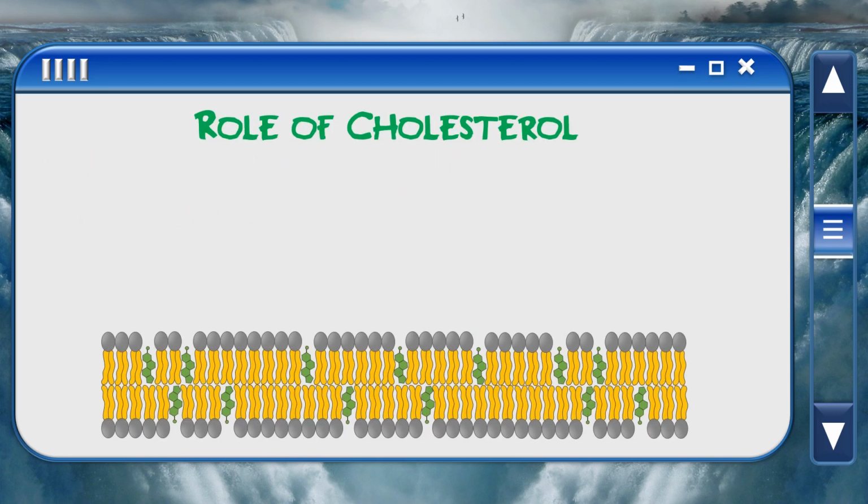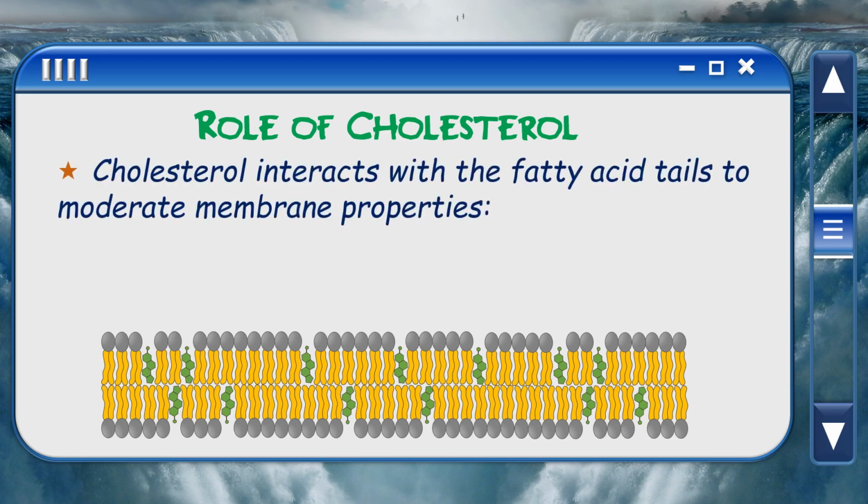What is the role of cholesterol? Cholesterol interacts with the fatty acid tails, and it modulates the membrane's properties.